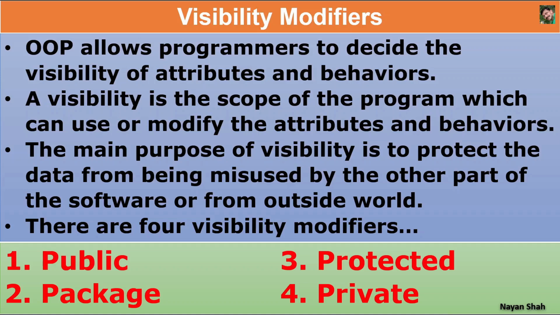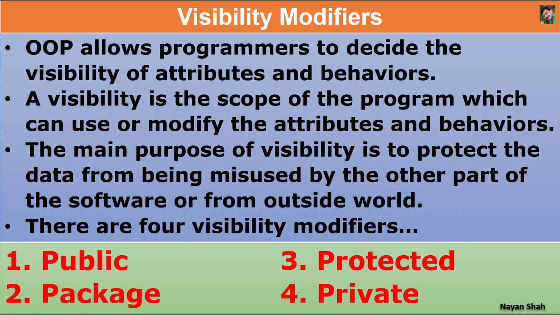Package. Suppose there is a swimming pool in a closed society where there are 6 different towers, and in between they have the common facility of a swimming pool. Then that swimming pool is accessible to those who are staying in that society, not to everybody.